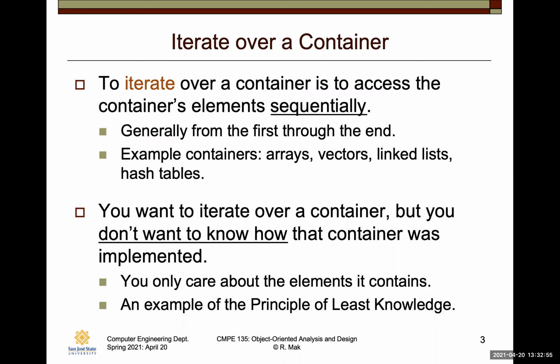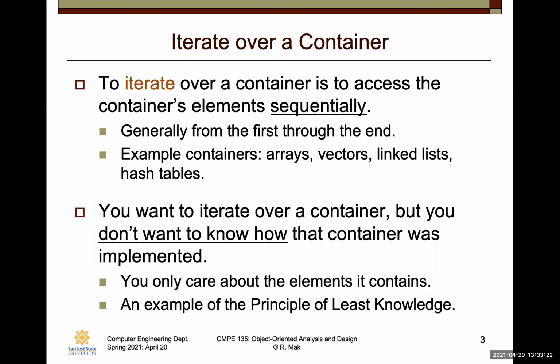That will make your program more flexible because you can change the container and keep the iterator. This is also an instance of using the principle of least knowledge. You don't have to know how the container holds the elements.